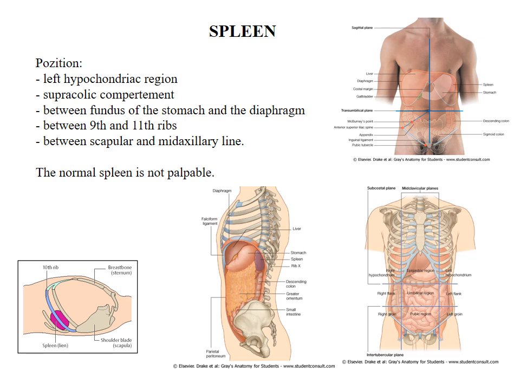Spleen is an intraperitoneal organ which is situated in the abdominal, peritoneal cavity. It is part of the lymphoid system and it has different functions.